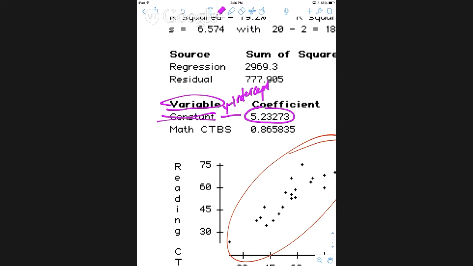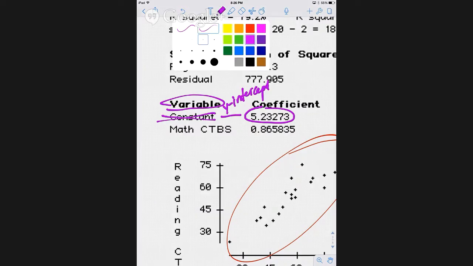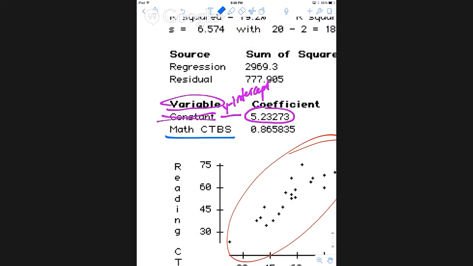But we're not really looking at the y-intercept now. There might be a case where you did, but we're not doing that. We're looking at the slope because we want to see the significance of the slope. So we're always going to look for whatever this other variable is in context, and the coefficient of that is going to be your slope.